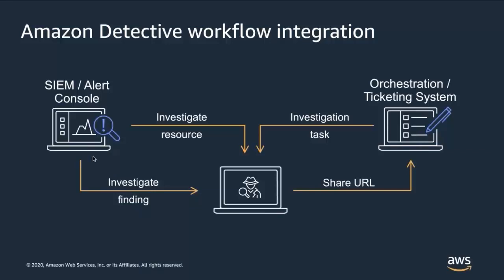Similarly, on the right side, if you're using an orchestration system, that orchestration system may have steps that are semi-automated. It might be taking care of certain actions, but it might be prompting your SOC analyst to do certain things which require a manual step, which require looking at some of the data and understanding what happened.